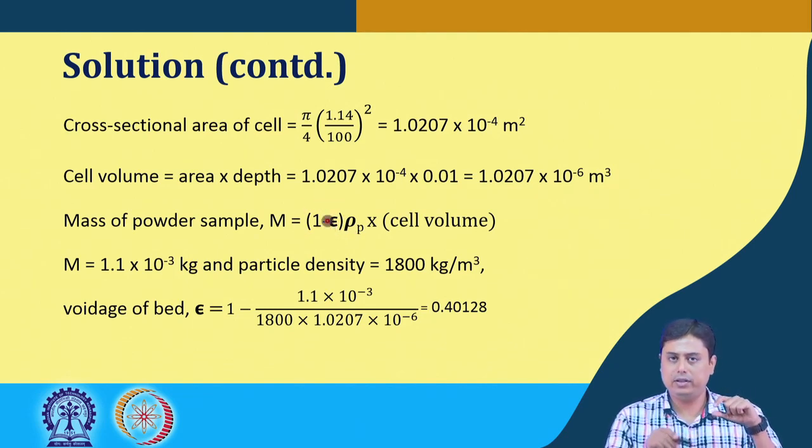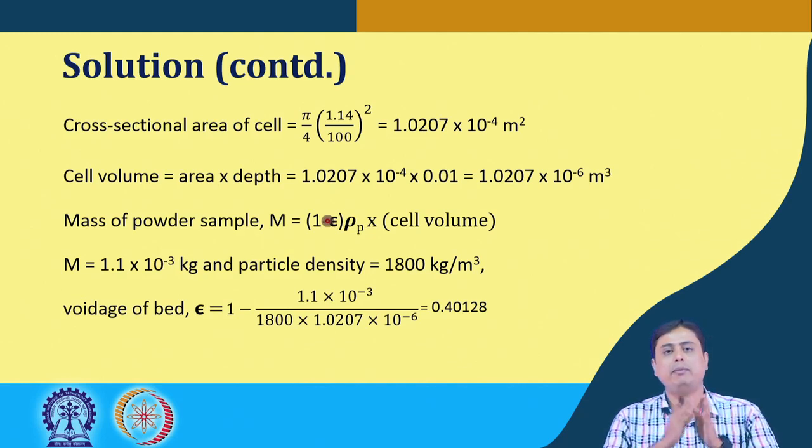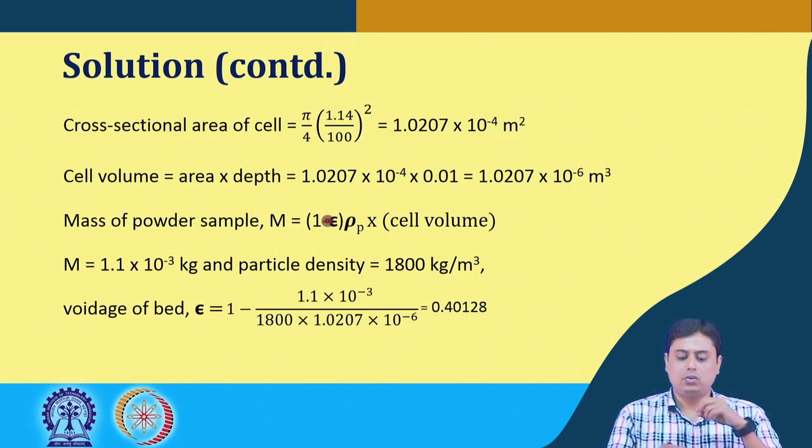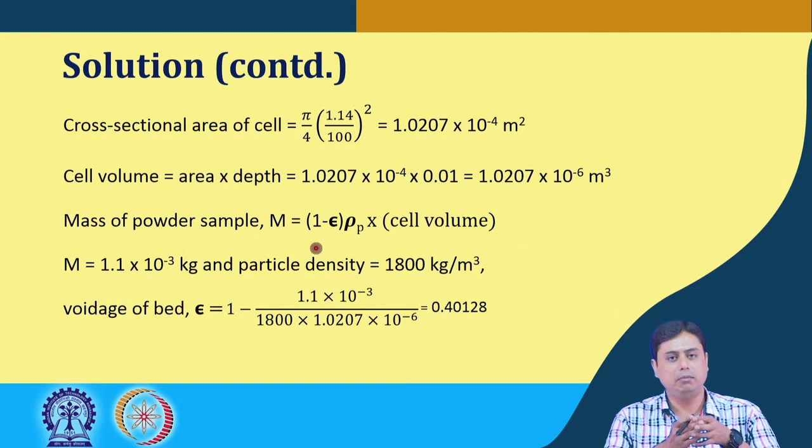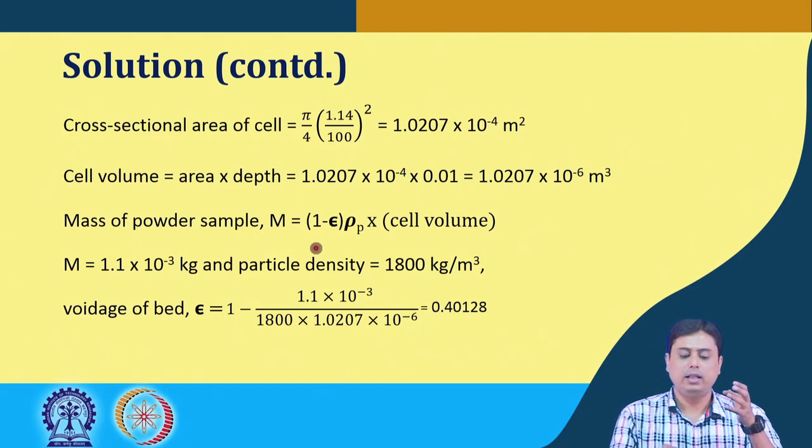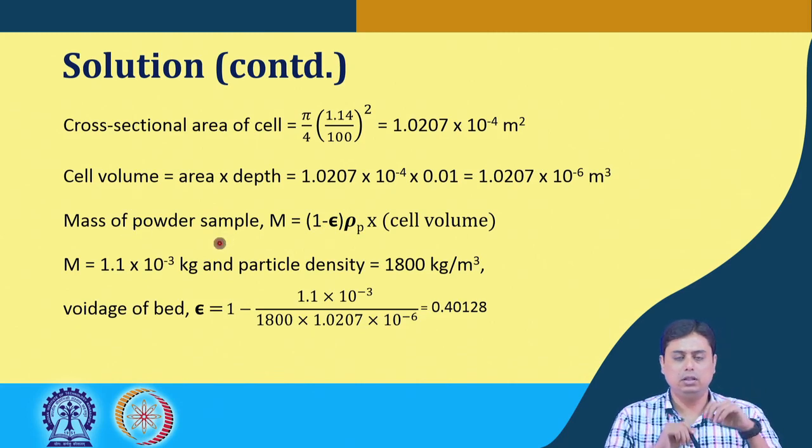As I said, the definition of epsilon is the empty volume per unit volume of the apparatus. So, which means 1 minus epsilon is basically the volume of the powder. So, 1 minus epsilon multiplied by the whole overall cell volume is basically the volume of that powder. That multiplied by the rho of the powder gives you the mass of the powder sample.